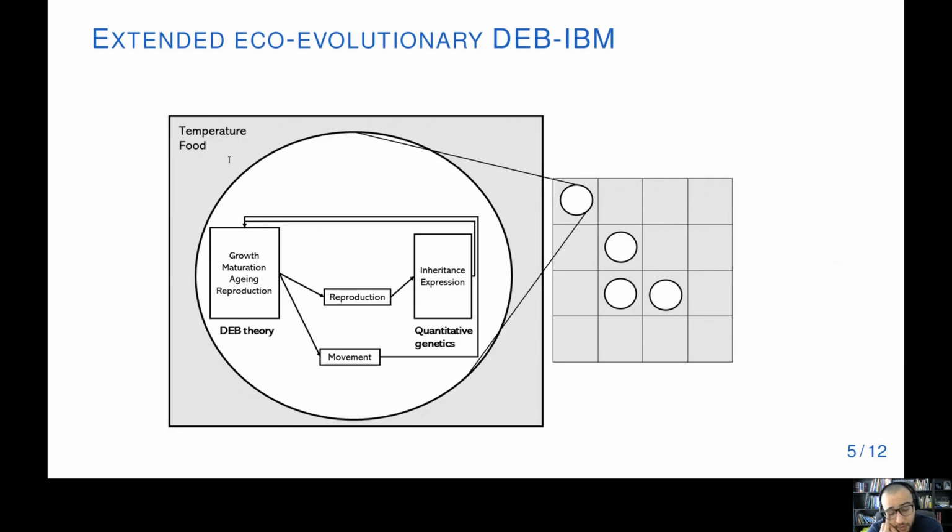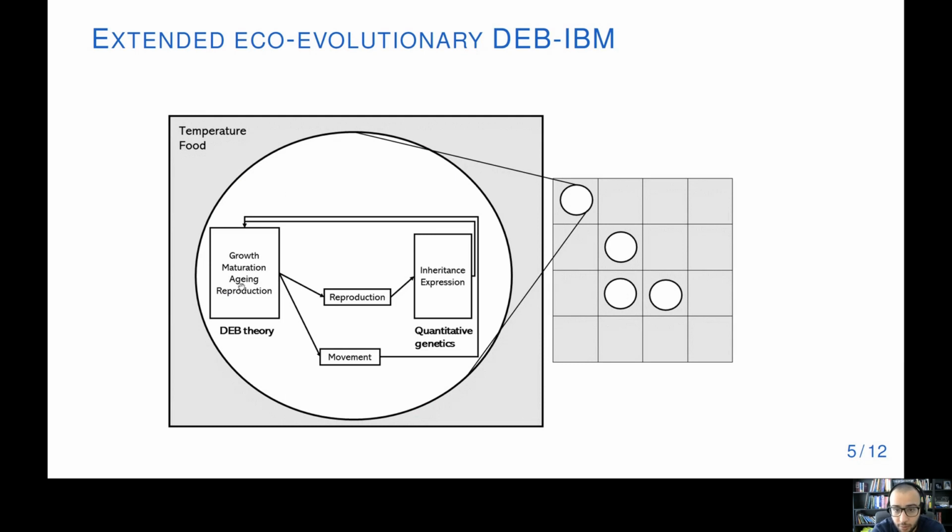So given this background, we proposed an implementation of this extension to the generic DEB-IBM by accounting for eco-evolutionary dynamics. And here is a schematic overview of this extension. But conceptually, of course, the general model remains similar to the generic DEB-IBM.